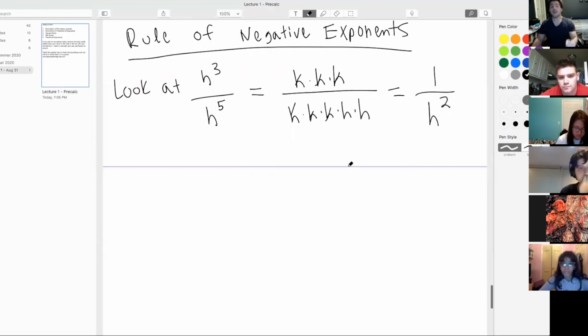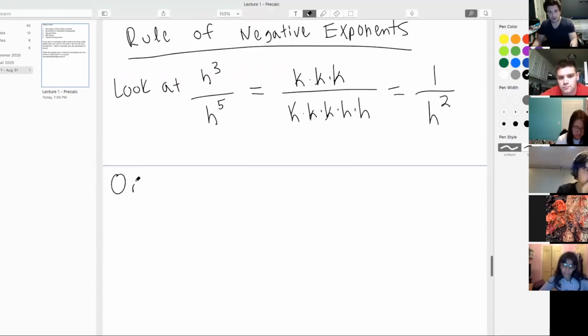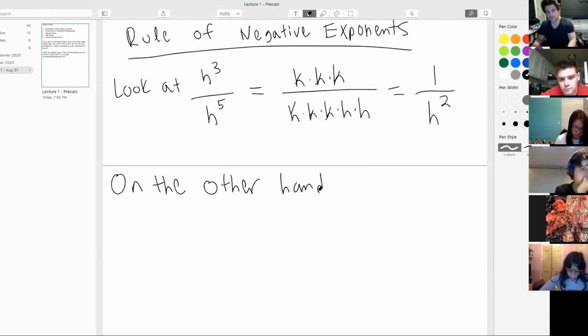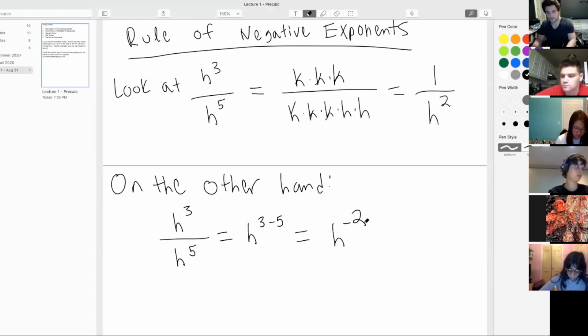Good. But on the other hand, we can use the quotient rule in this. h to the 3rd divided by h to the 5th, well, this was h to the 3 minus 5. Okay, and 3 minus 5 is negative 2.